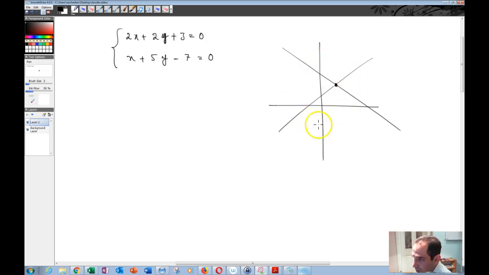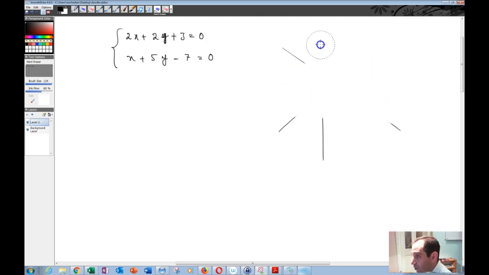But of course this is not very convenient, because all the time you'd have to draw the graph of both the lines, and not always is it the best thing to do. Sometimes this is the best thing that you could do, but most of the time really not.